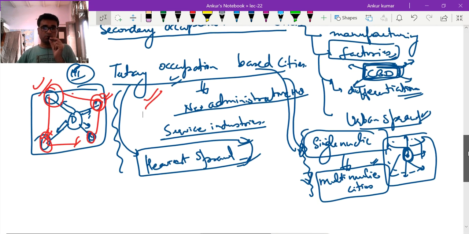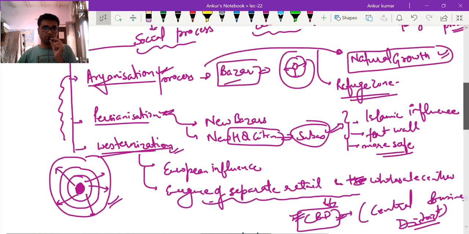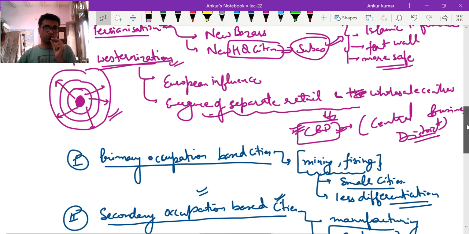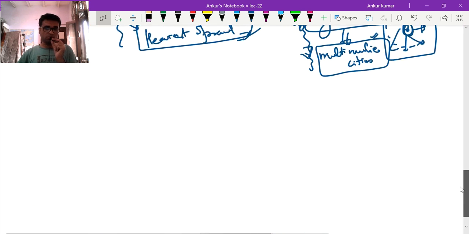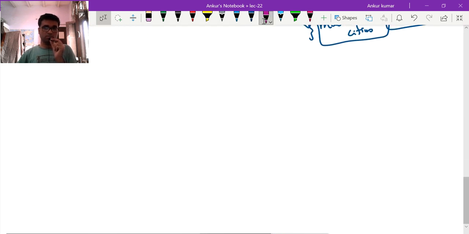Moving on to the third process that we said. The first process we said was the social process, then the economic process. Moving on to the third process, that is the geographical process, urbanization as a geographical process.